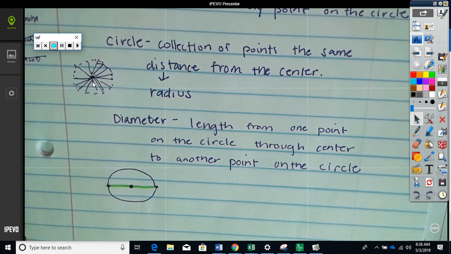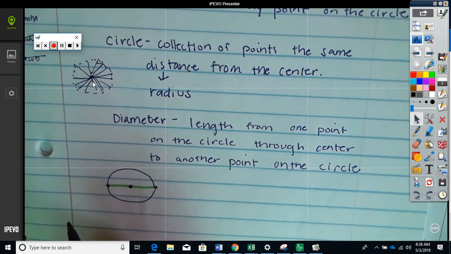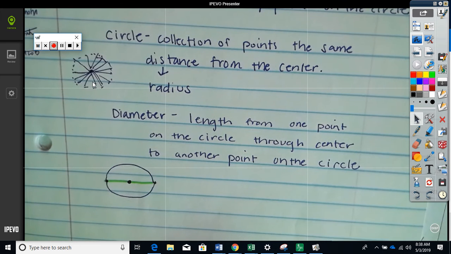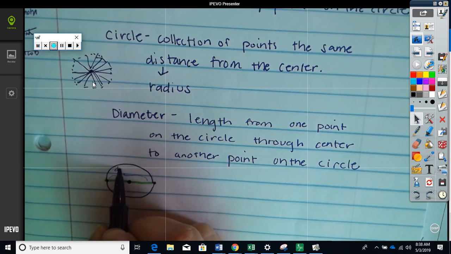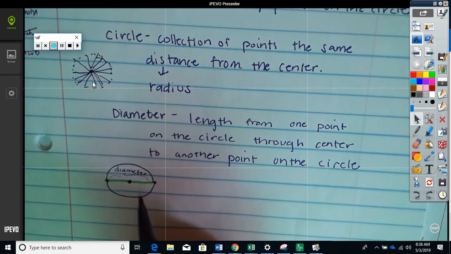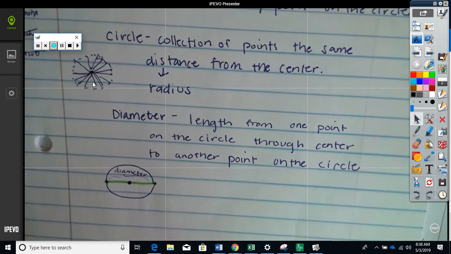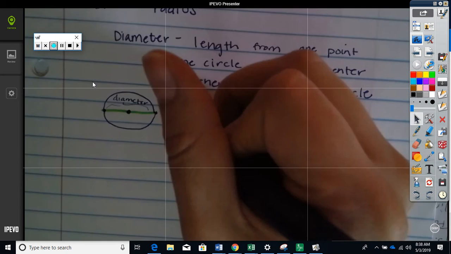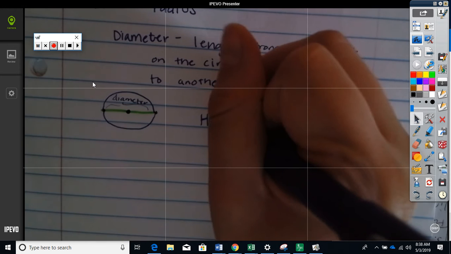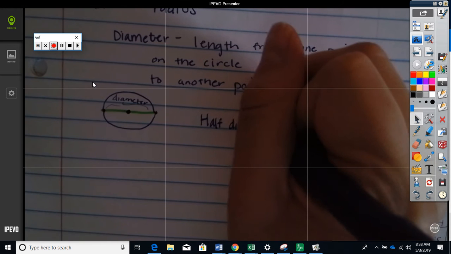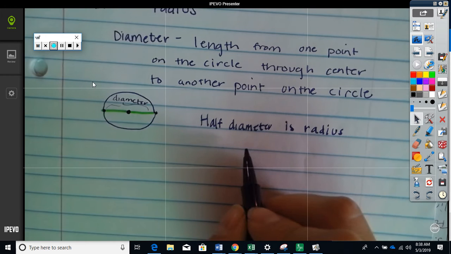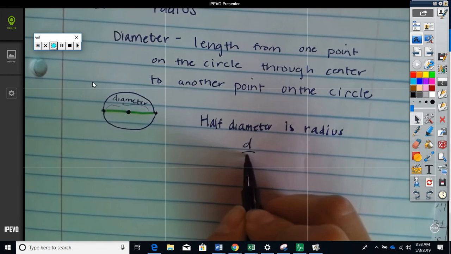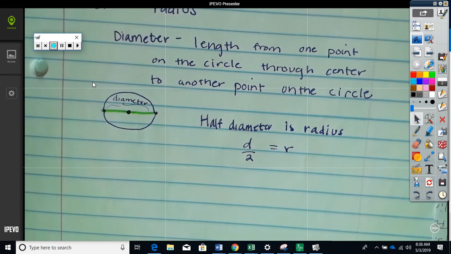What it does is cut the circle in half. So this whole thing is your diameter, and half of your diameter is the radius. So diameter divided by 2 is your radius.